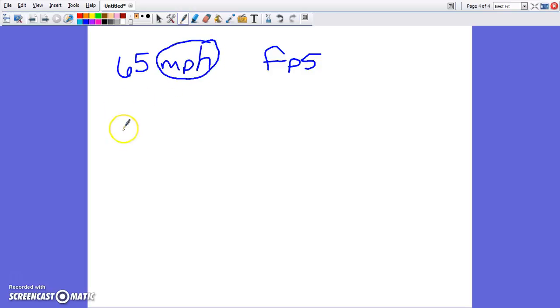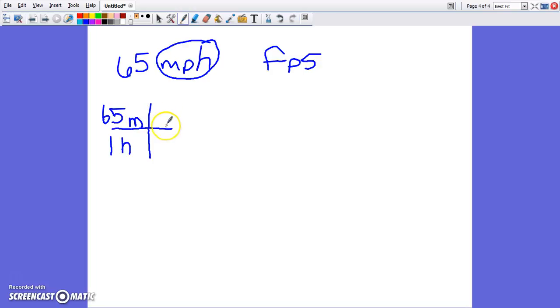So we're going to actually write this down as a fraction, not like 100 yards that we started with last time. So it's 65 miles for 1 hour, but it's really important to have both of those units there. And it doesn't matter what we start with.